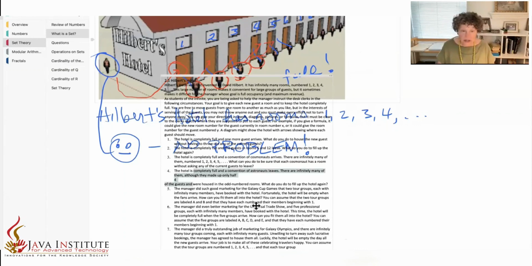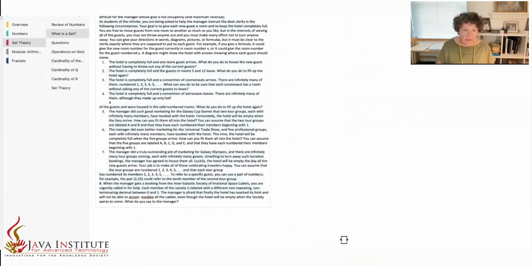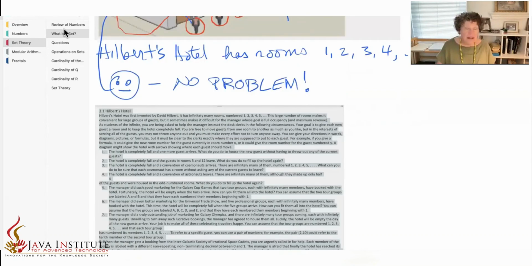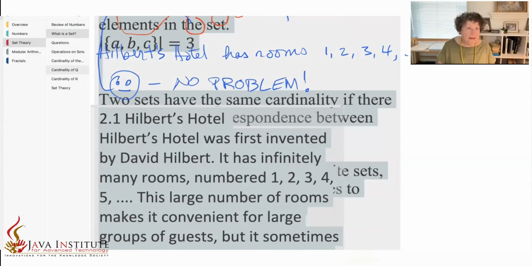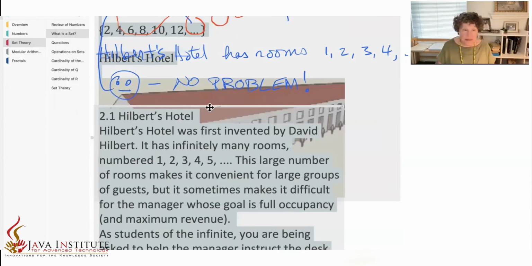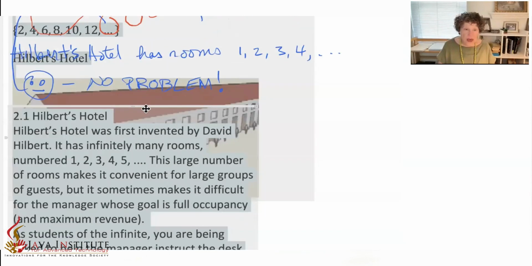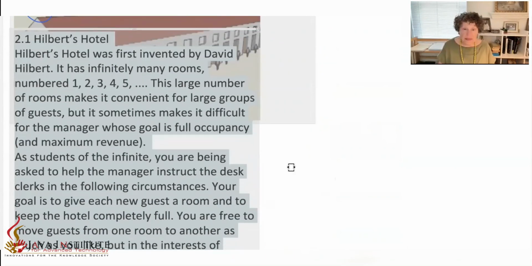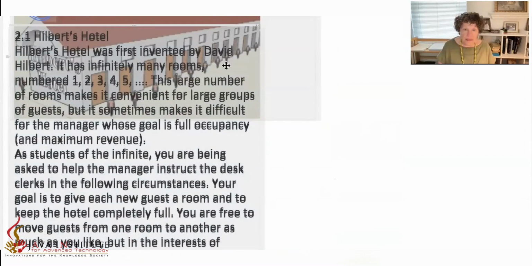You can open it up on another screen. I should have put this in already. Oops, too big. Okay, I think that's a good size. It's a good size for me anyway. So again, you have this on your sheet.